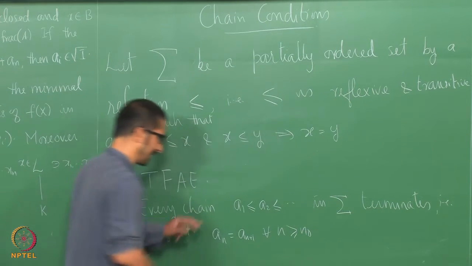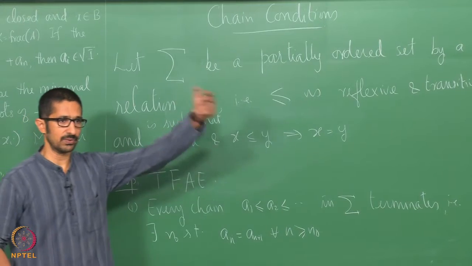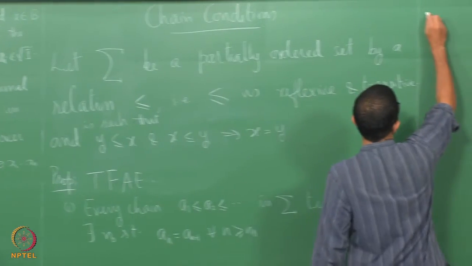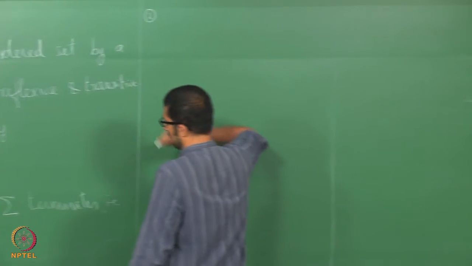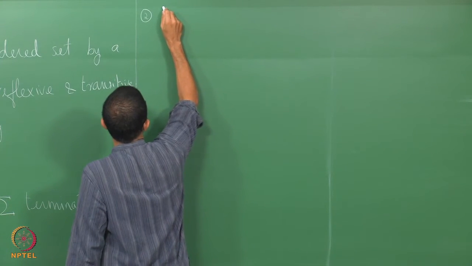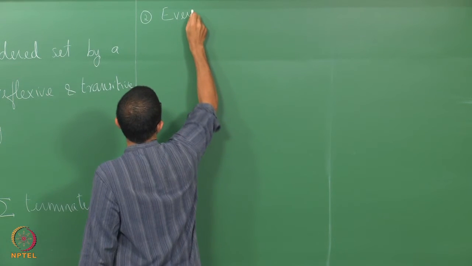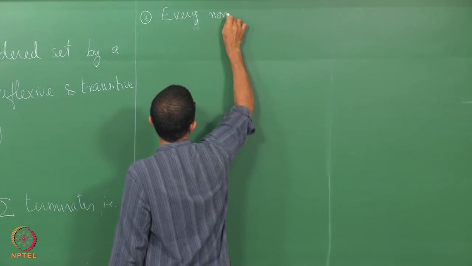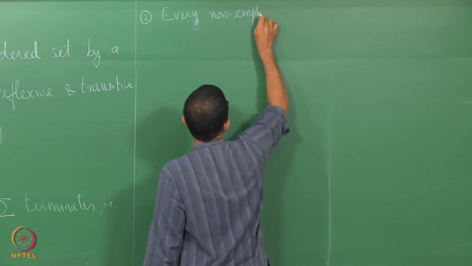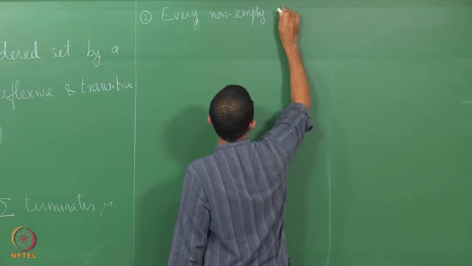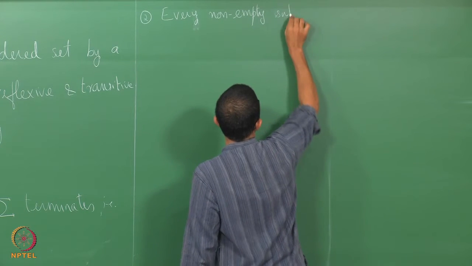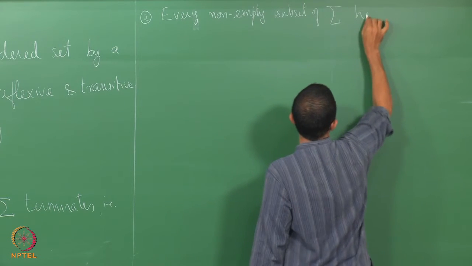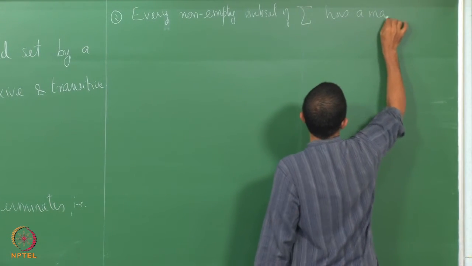That is, a n naught equals a n naught plus 1 equals a n naught plus 2 and so on. This is equivalent to saying that every non-empty subset of sigma has a maximal element.